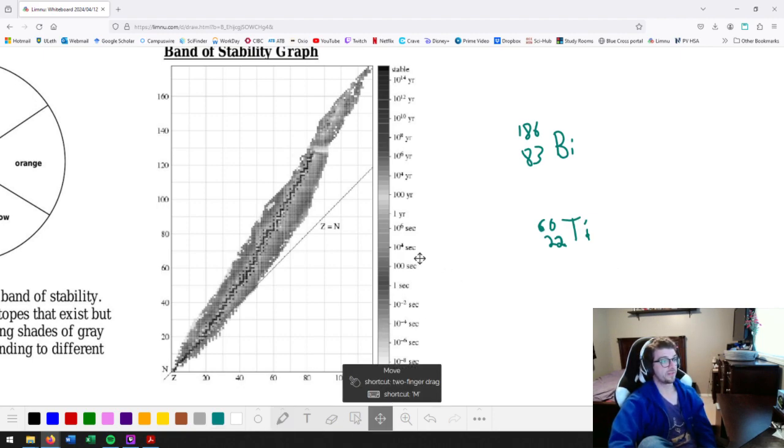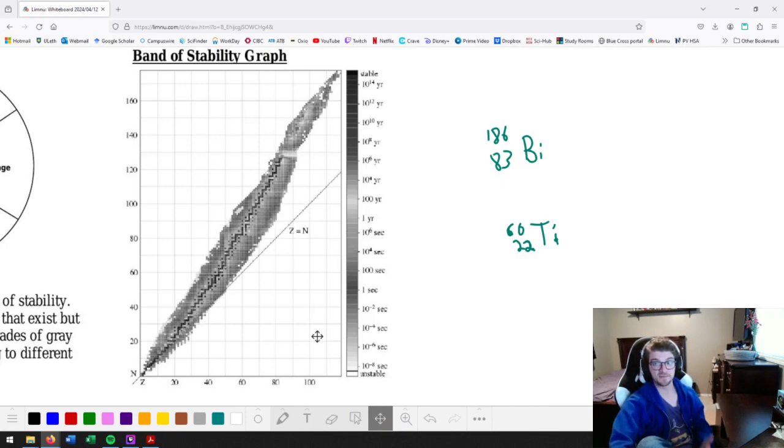So this graph here is called the band of stability, and this has Z on the x-axis, so the number of protons in an element is on the x-axis, and the number of neutrons in that element is on the y-axis. And this kind of fuzzy band here is all of the known isotopes that are stable for all of the various elements that we have access to.